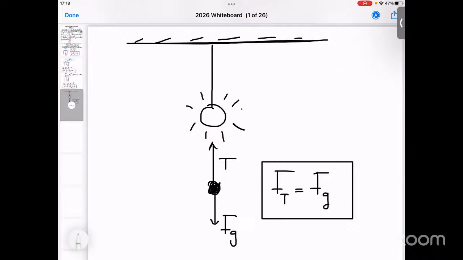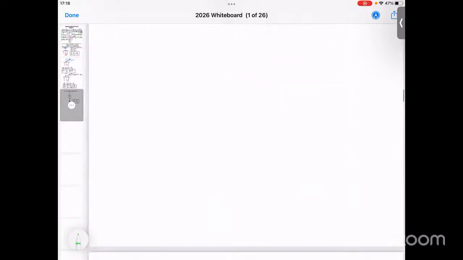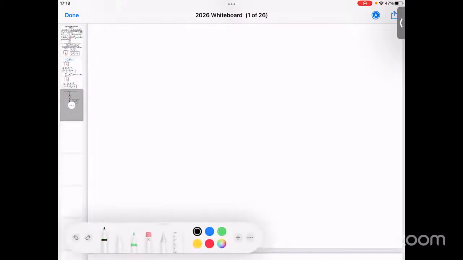Maybe very quickly, as I wrap up, I will just explain to you regarding this type of friction, where we've got static friction and kinetic friction. I will make sure not to confuse you on that one.